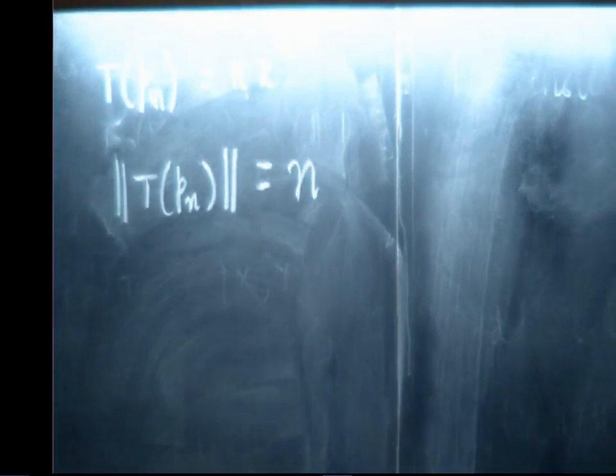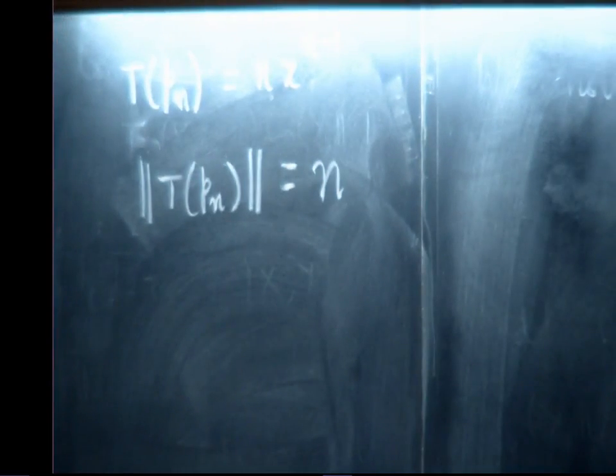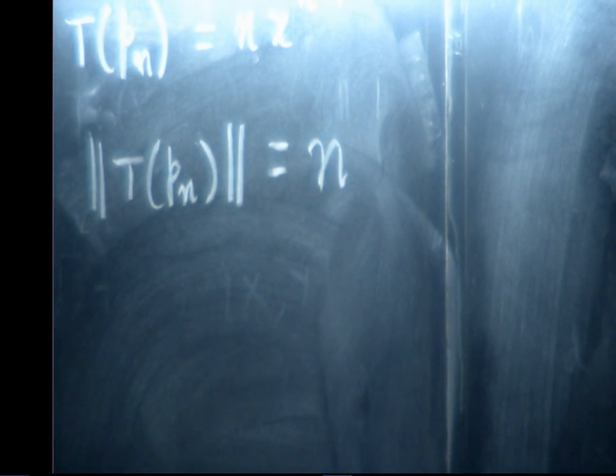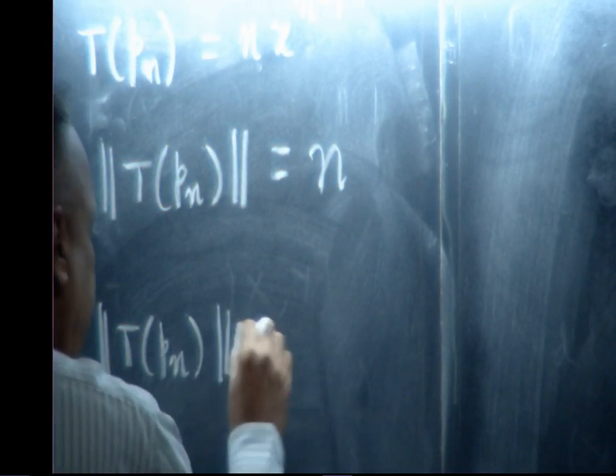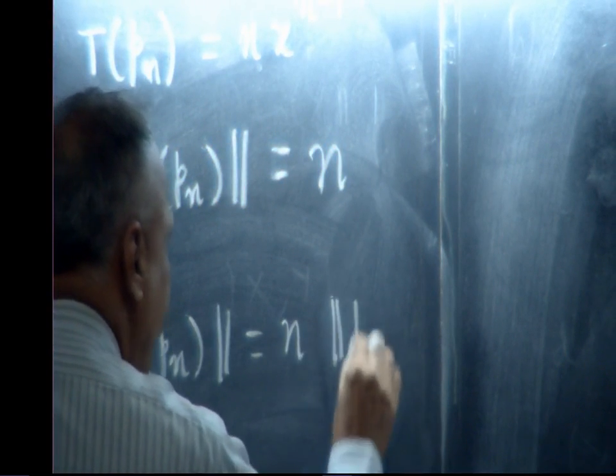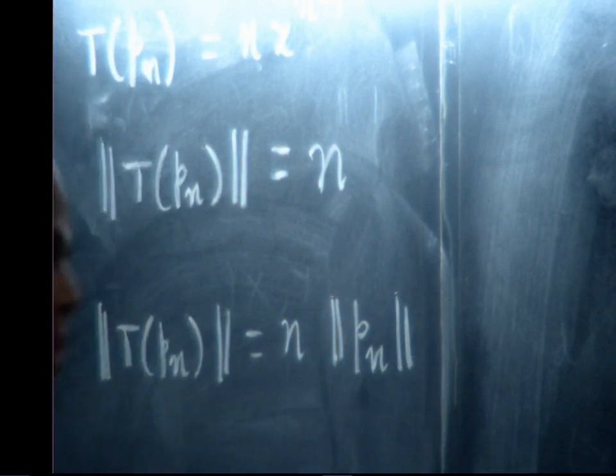So, as I go on increasing n, this will go on increasing. So, there is no way I can control the transform norm. So, let me write it very carefully. The norm of T Pn is equal to n into 1, which is n times the norm of Pn. So, I can't put any M there such that the norm of Tx is less than or equal to M times the norm of x. Whatever M I put, there is one Pn which goes beyond that.